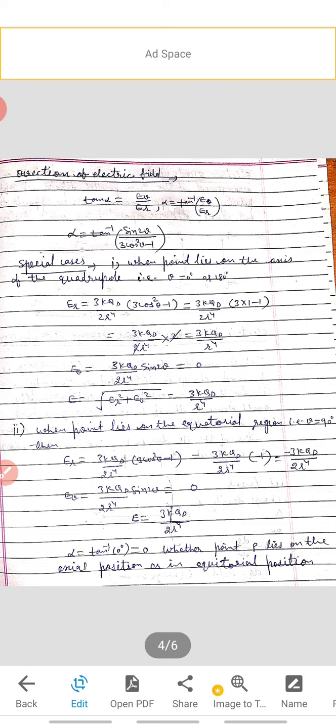So finally the resultant electric field E will be equal to 3kqd divided by twice r power 4. Now if you find alpha, which is equal to tan inverse of sine 2 theta divided by (3 cos square theta minus 1), this is always equal to 0, whether point P lies on the axial position or in the equatorial position.